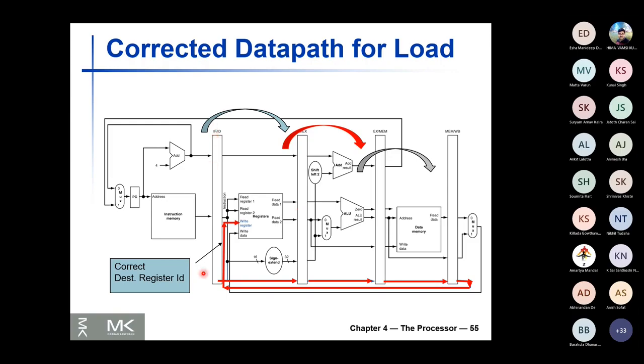So you should not look here. You have to look at the information about the destination registers in this stage of the pipeline register. This is very important. You follow me? Or if you have a doubt? Okay.